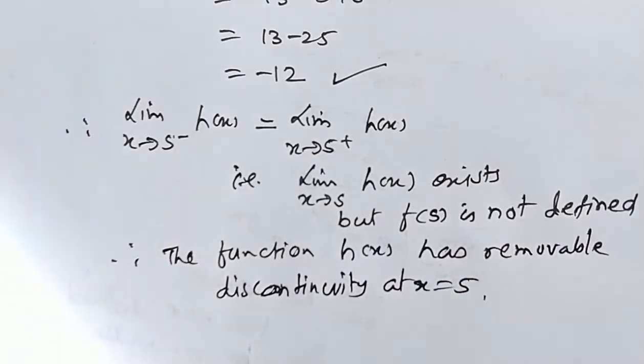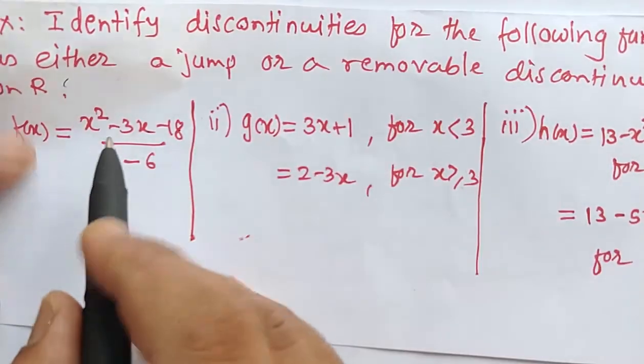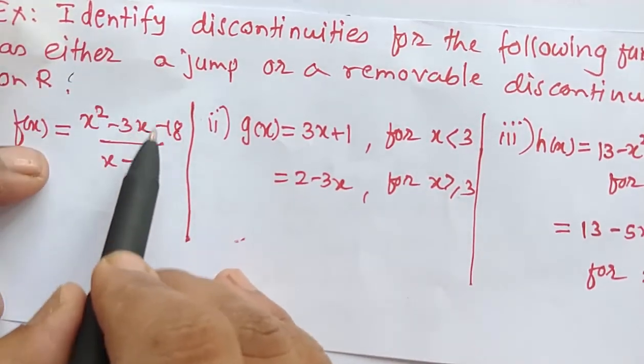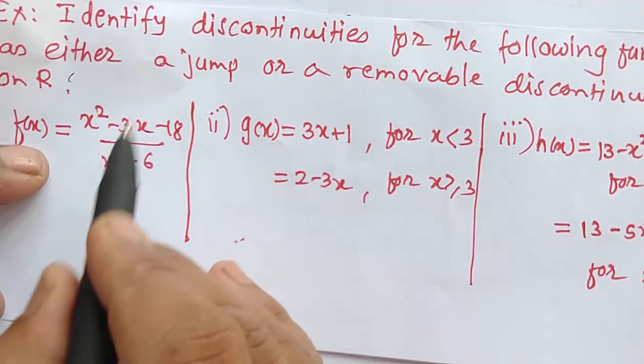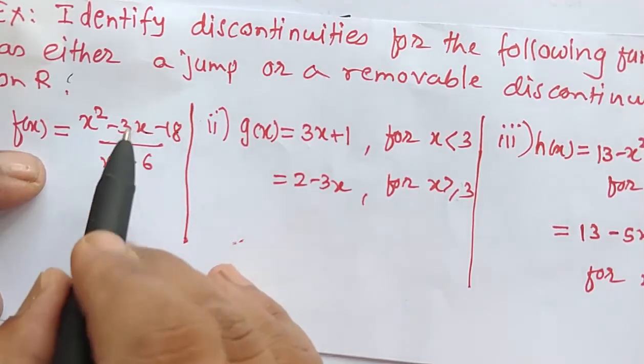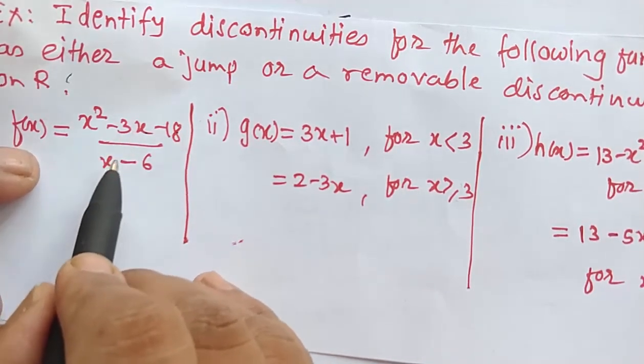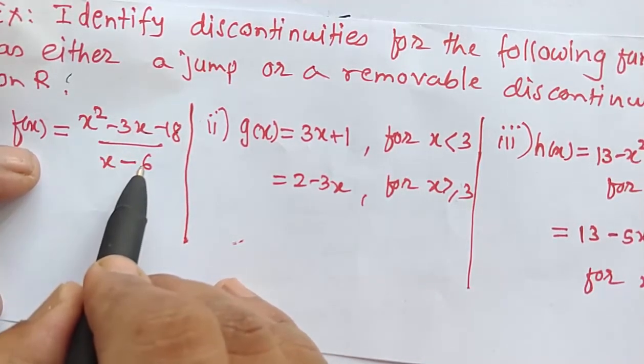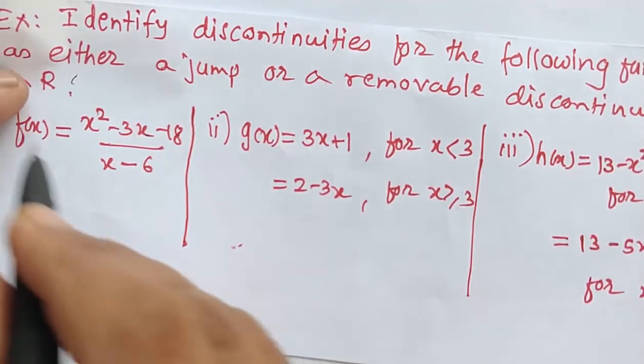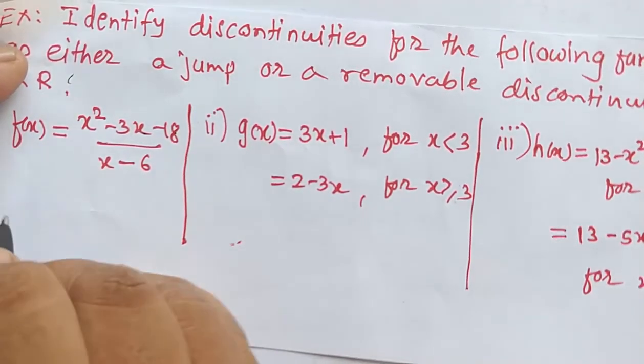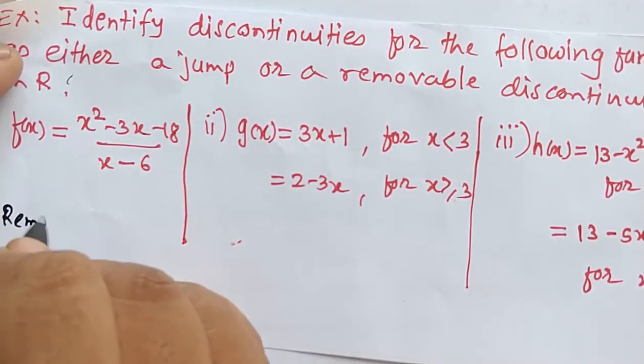So we have seen three types of example. The first is rational function, which is discontinuous at x is equal to 6, but it is a removable discontinuity. So first is removable.